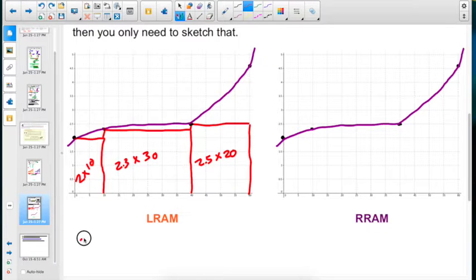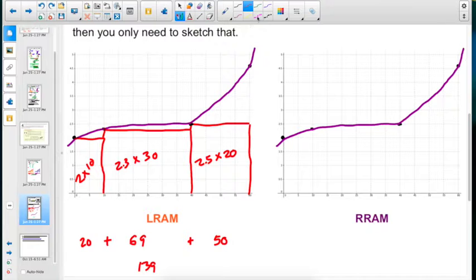So the 2 times 10 is 20, plus 2.3 times 30, which is 69, plus 2.5 times 20, which is 50. So our LRAM is, adding those 3 together, 139.